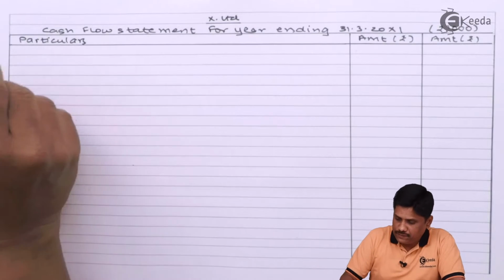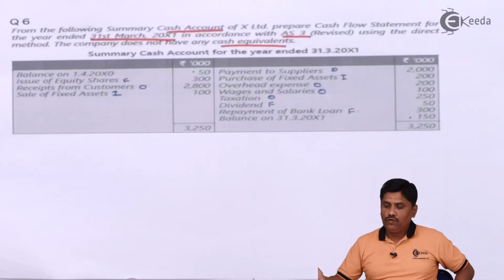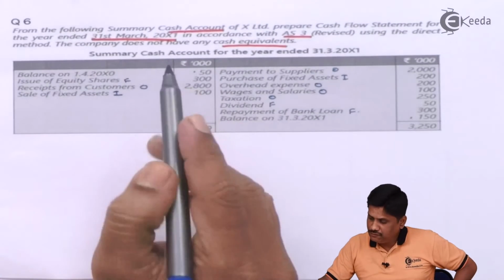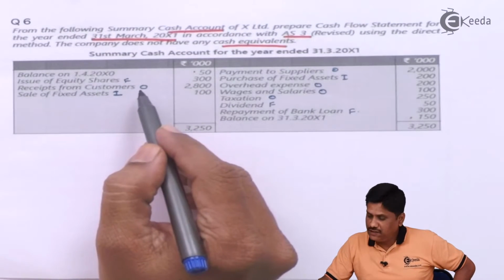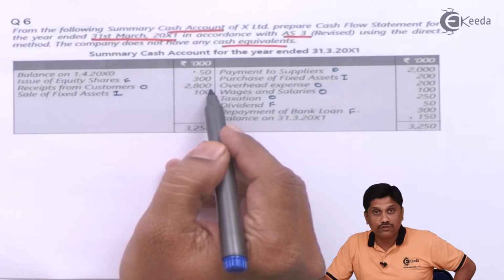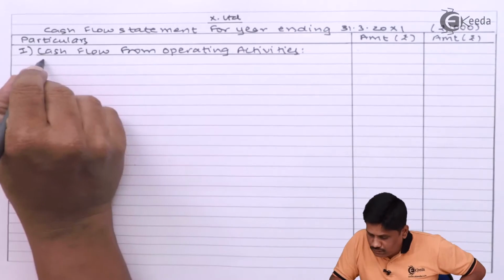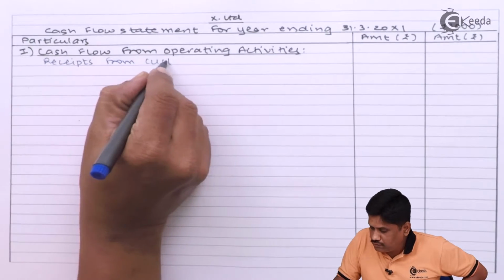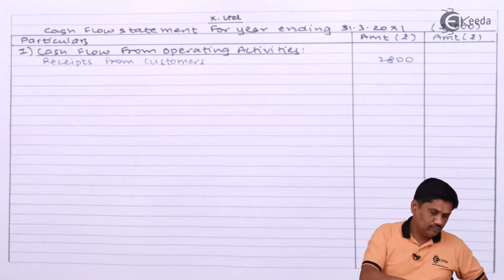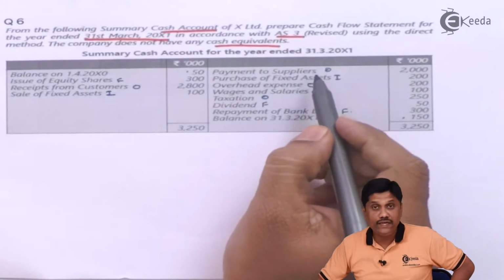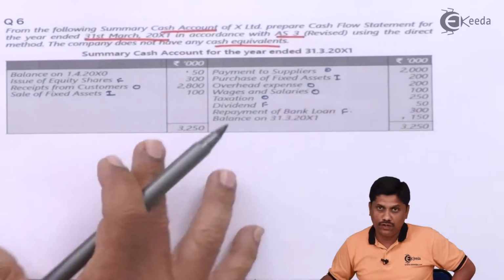First activity, operating activity. We'll go with receipt side first. In operating activities, receipt from customer we can include 2800. On payment side they gave you payment to suppliers, negative 2000 we have to write.